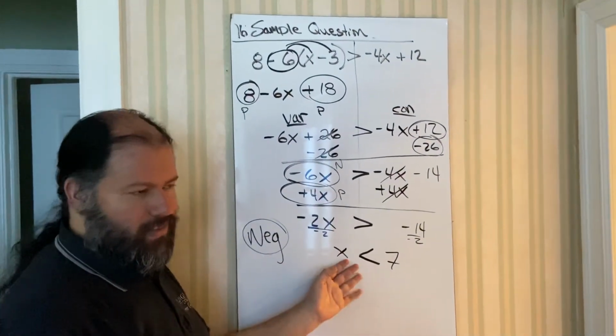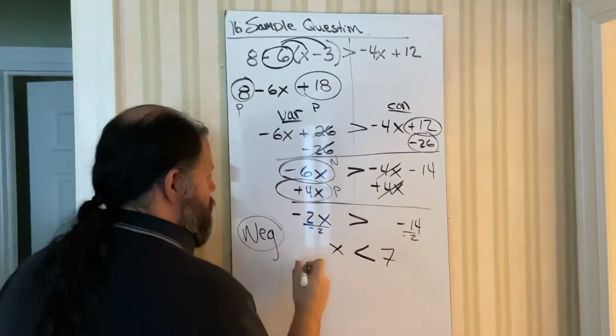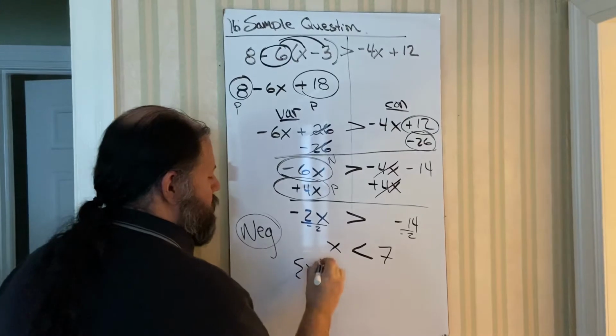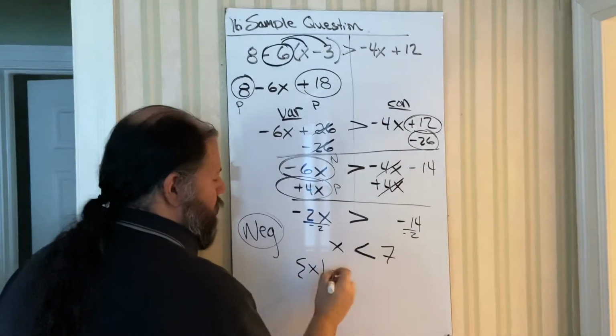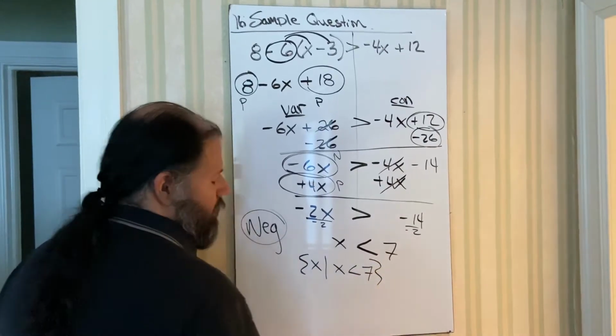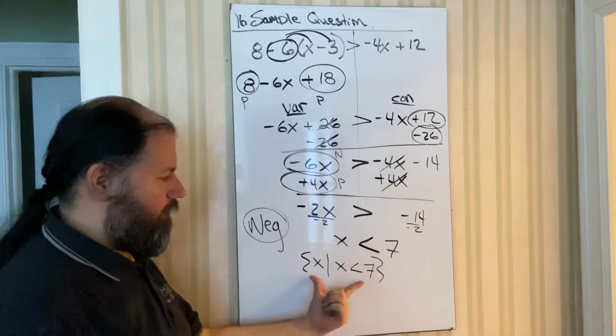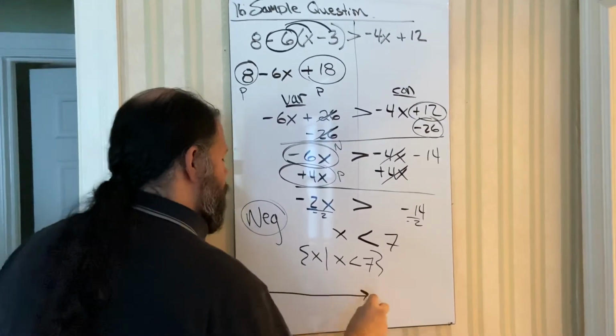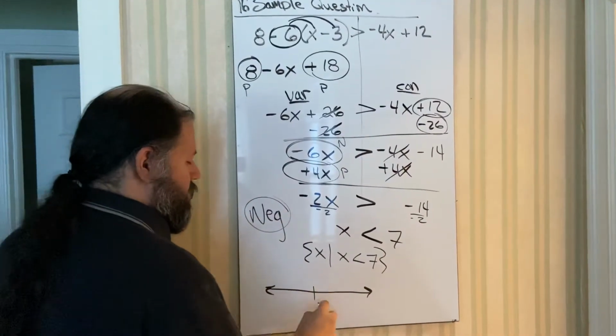Almost done solving, you need set builder notation. So it's going to be squiggle x such that, now you can write this out. Close squiggle. Okay. So this is your set. Now we're going to graph. You can put 7 here.